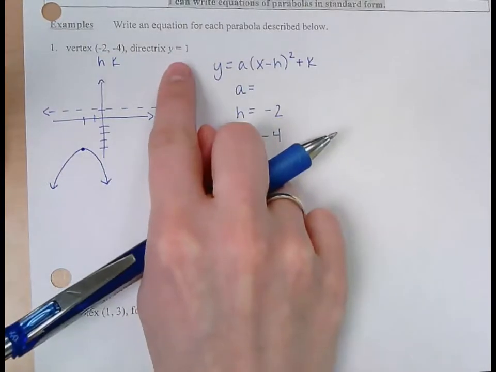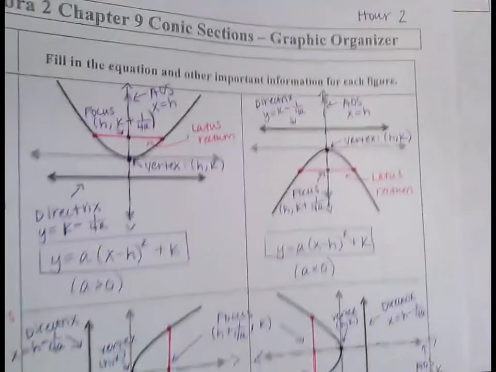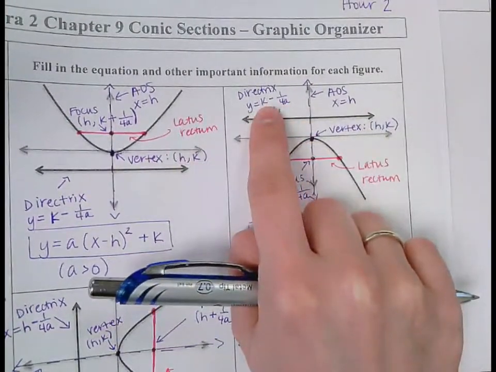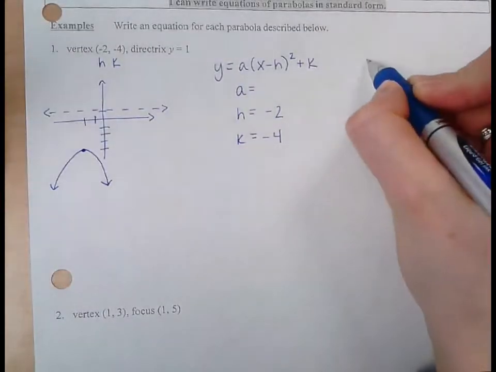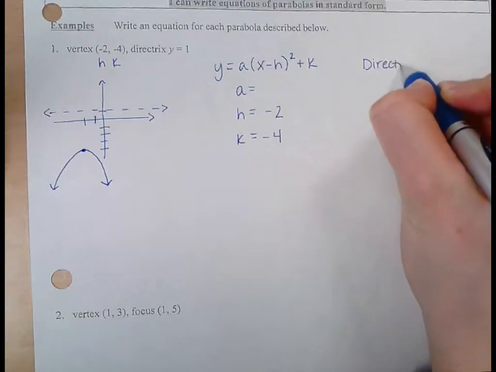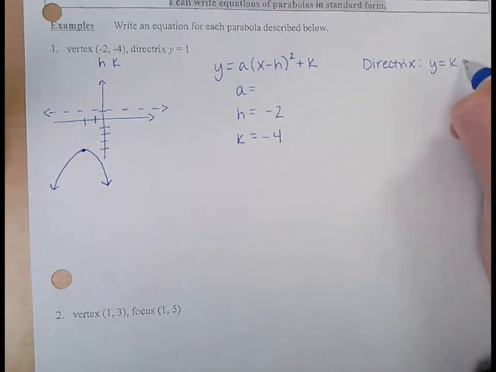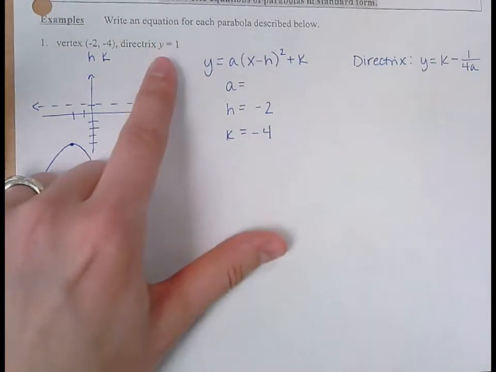If you look at your directrix, I'm going to write down from my graphic organizer the formula I have for the directrix for a parabola that opens down. The directrix has the formula y equals k minus 1 over 4a. And I can use that because I know the directrix is y equals 1.